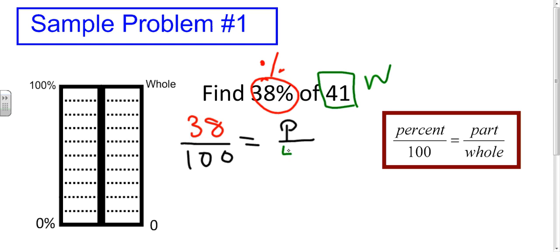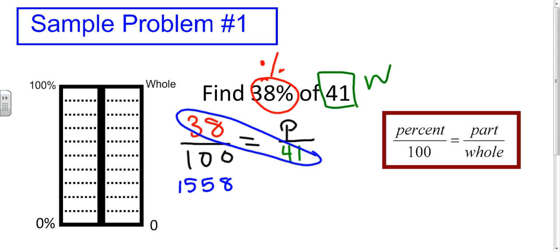I'm just going to cross multiply. 38 times 41 is 1,558, and 100 times p is simply 100p. I'm going to divide both sides by 100 because that's the coefficient.